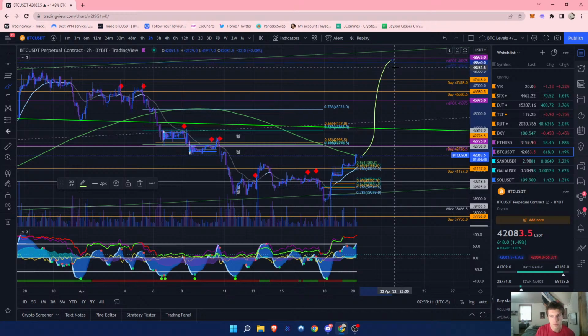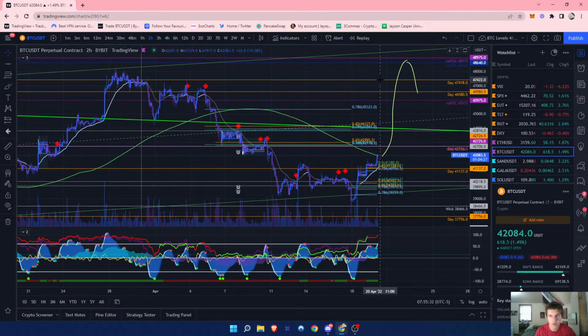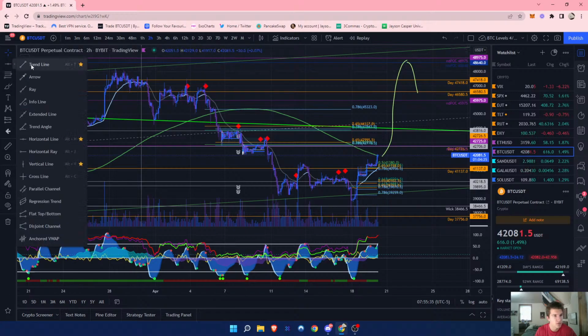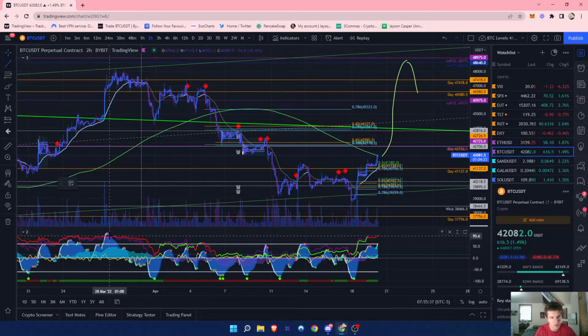Naked monthly point of controls are really no joke because there's a ton of volume traded at those, and there's a bunch of liquidity, meaning there's a whole bunch of limit orders up here, people presetting sell orders for take profits or shorts in general. So really this is more of a swing-ish trade.